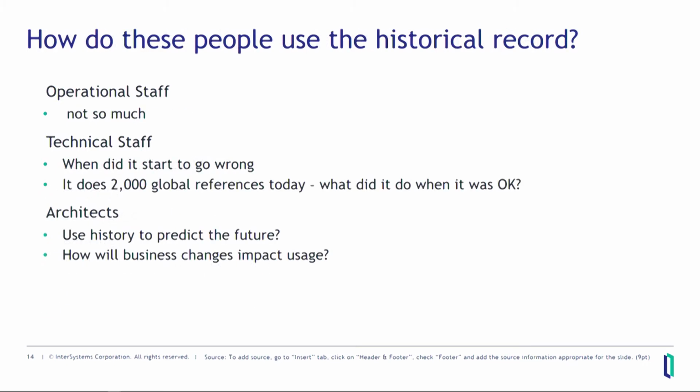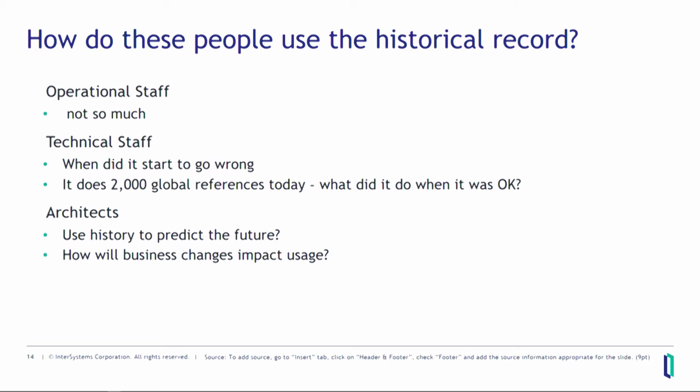So how do these people use that historical record I was emphasizing so much? Well, the operational staff don't, no, they don't care. I mean, they remember the red light came on once before and they called up somebody else and they did something and they fixed it. The technical staff are absolutely dependent on that historical record. How many people here have been in the situation where they're trying to solve a performance problem and the first question you ask is, when did it start?